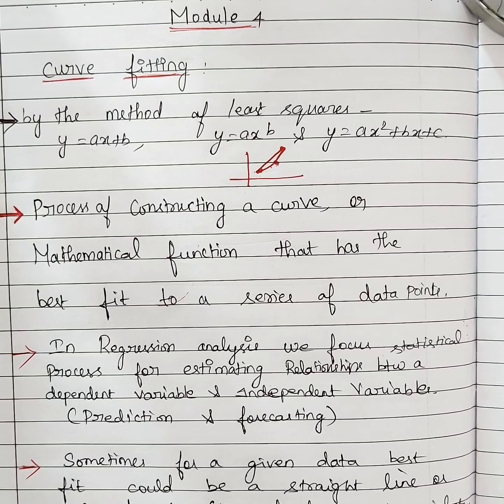In regression analysis, we focus on the statistical process for estimating the relation between a dependent variable and an independent variable, like prediction and forecasting. And we have seen problems in correlation and regression. So sometimes for a given data, the best fit could be a straight line or a second order or a third degree polynomial.